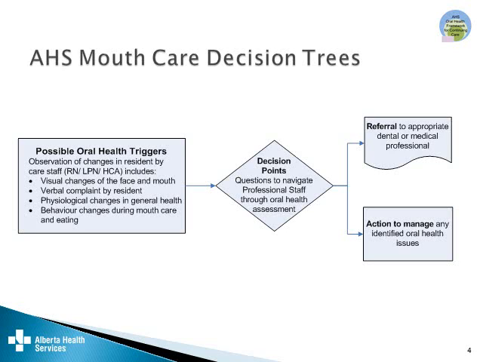Some of the possible oral health triggers are visual changes of the face and inside the mouth, verbal complaints by the resident, physiological changes in general health, and behavior changes during mouth care and eating. The RN or LPN uses the decision points to determine if there is a need for further assessment and intervention to refer or to manage the oral health issue.